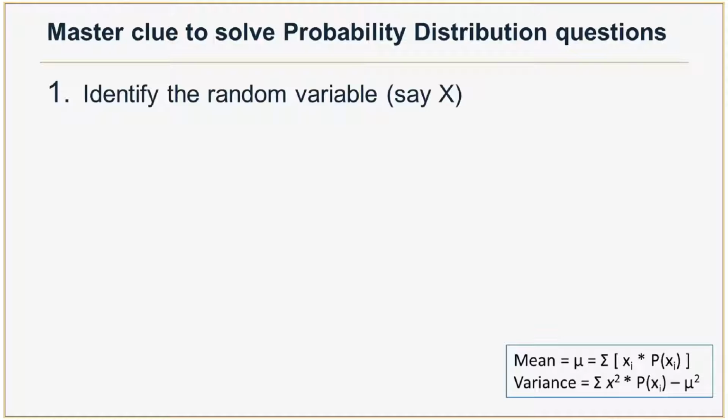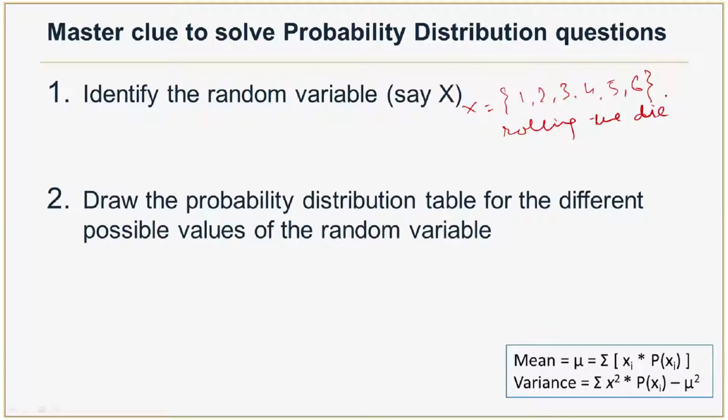In that case, the random variable can assume values 1, 2, 3, 4, 5 or 6. So if x is the random variable which is the result of the experiment of rolling the die, then these are the values that x can assume. So you have to identify the random variable while solving any probability distribution. This is the first task.